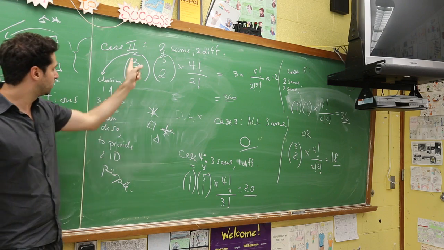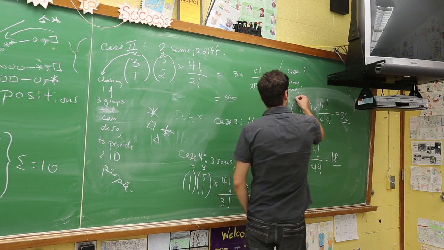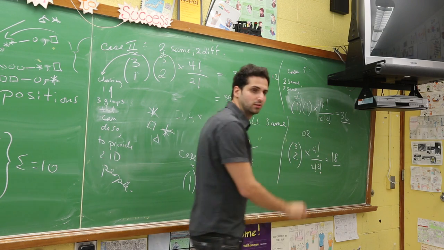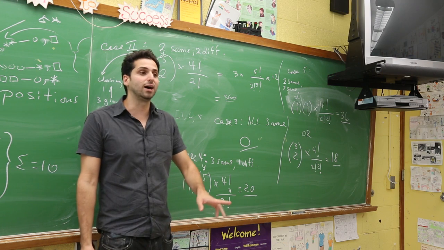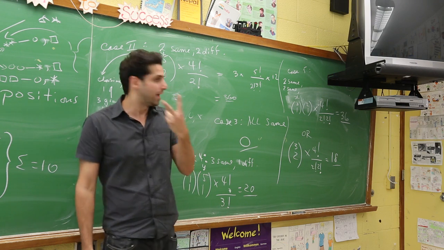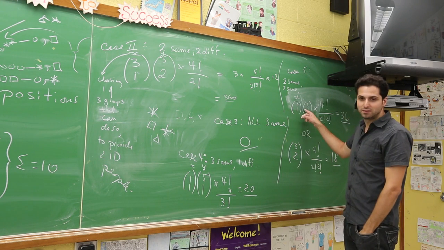Okay, go back here. Let's put an X on this. Let's go with your method here. What does X represent? The choosing of doubles. And what would this second one represent? The choosing of doubles again.